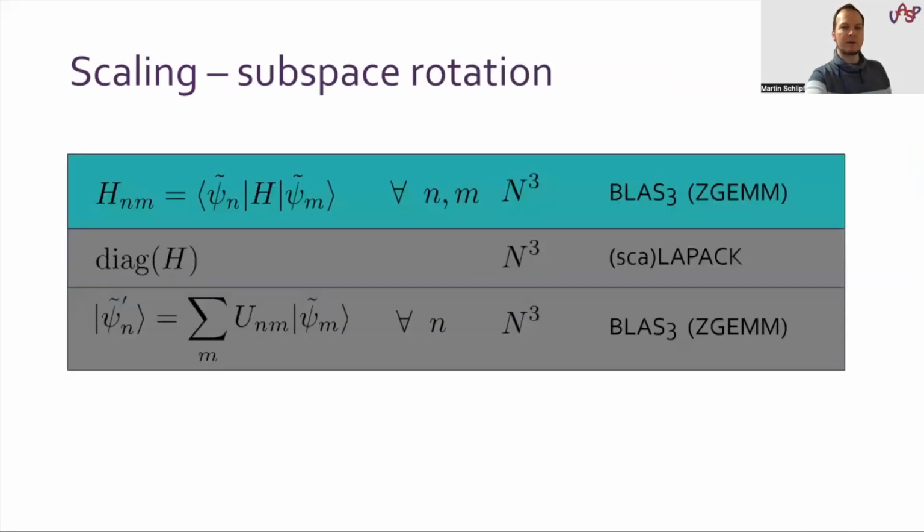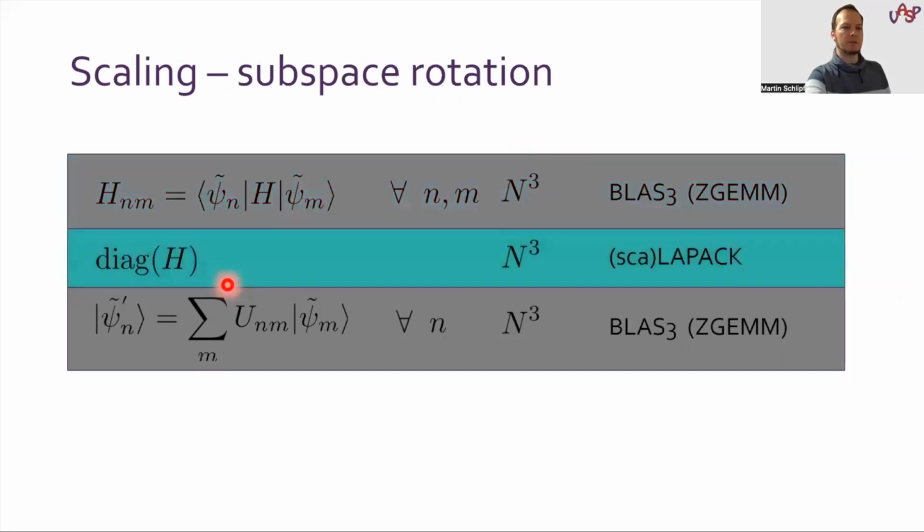And then the next parts are diagonalizing the Hamiltonian, then rotating in the subspace. So we calculate the Hamiltonian in the basis of these orbitals, and projecting the Hamiltonian on these orbitals is a matrix multiplication, which scales cubically in the size of these matrices.